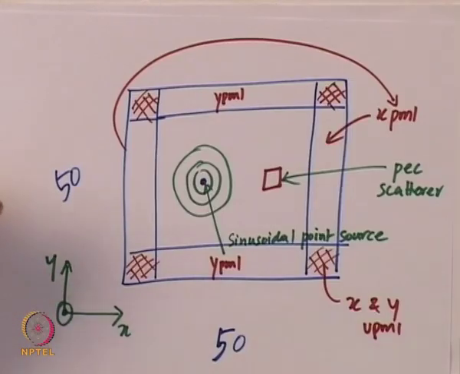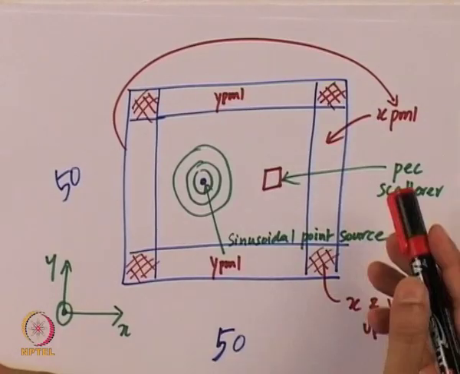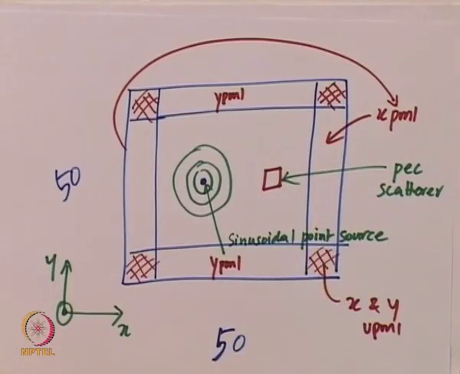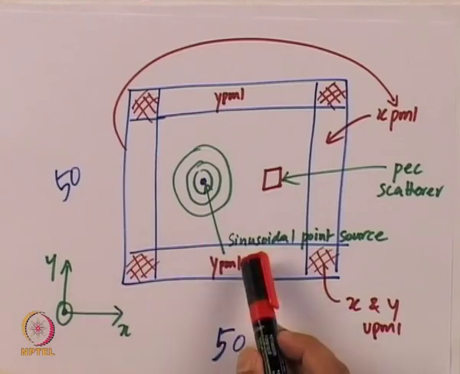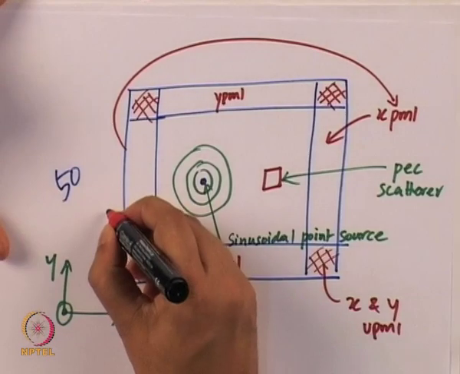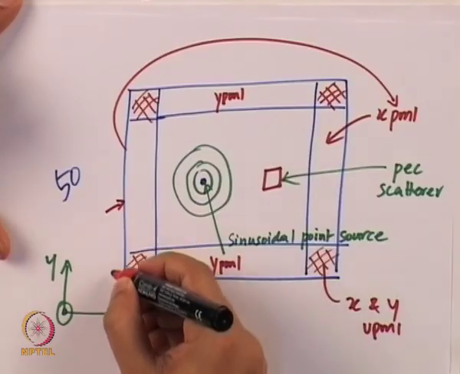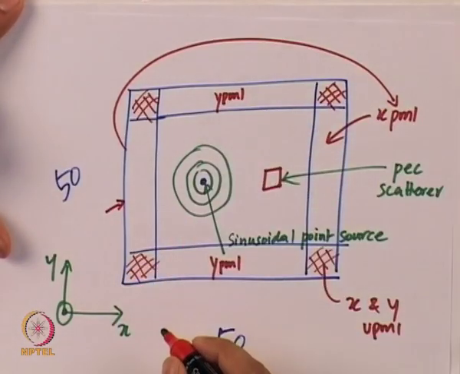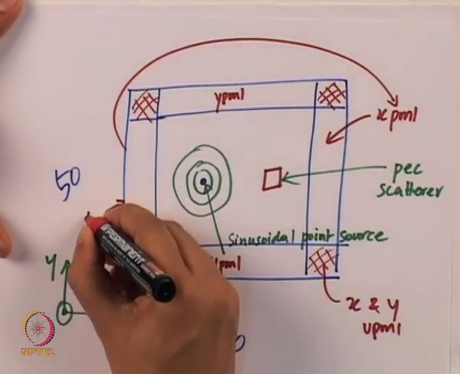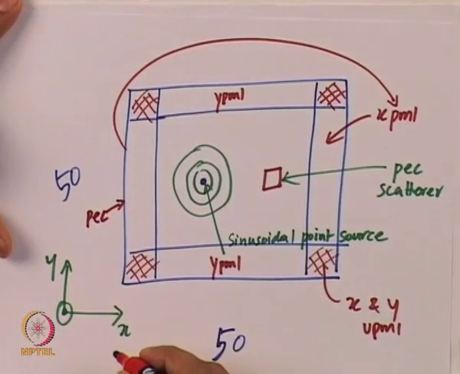Important to know is when we are truncating a problem using PMLs, we have to truncate the PML itself. It is not just enough to put a PML around it. The question comes, what is going to be at the end of the PML? So we are going to use perfect electric conductor, PEC.